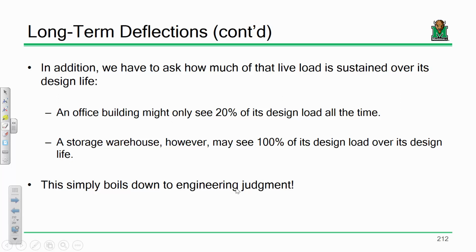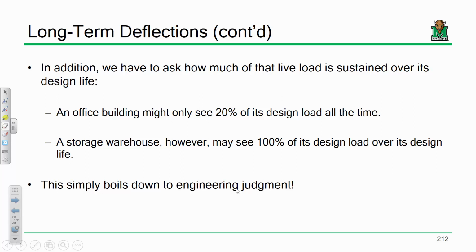Which of these two scenarios you have on the board will have the better chance of reaching its design life faster? The one that's always at 100% of its load, or the one that fluctuates? That's not really the question that we would ask.